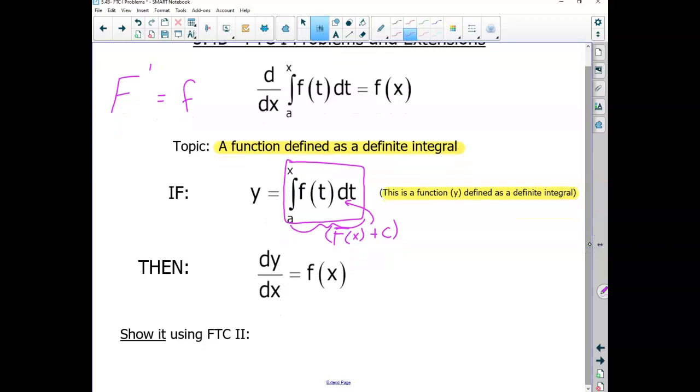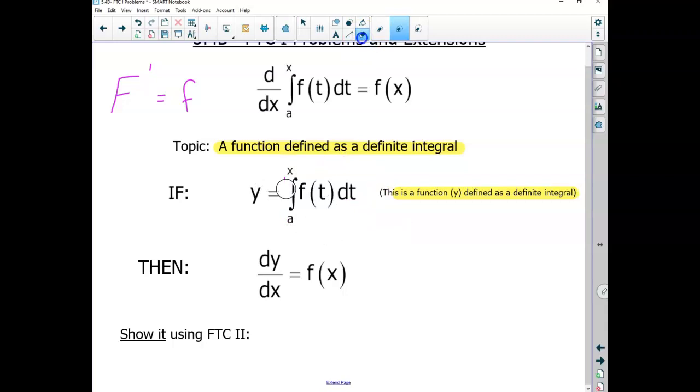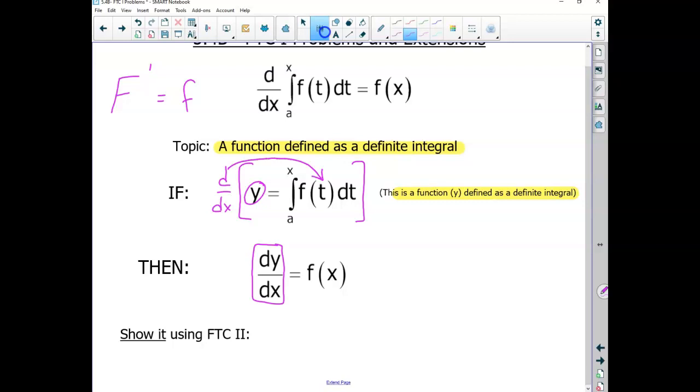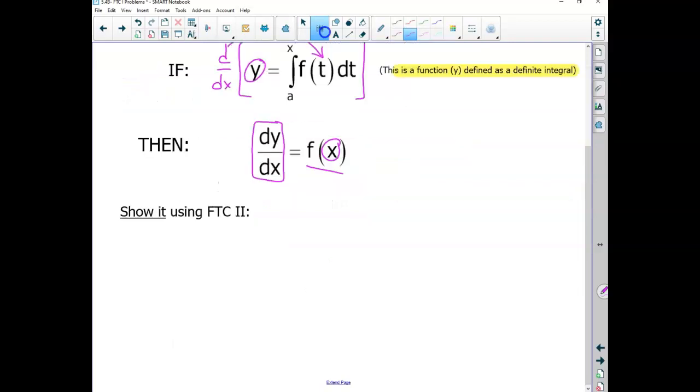If I take the derivative of that guy, the derivative of y is dy dx, and the derivative of the antiderivative is little f with x inside of it. I'm just going to show this really quick using the Fundamental Theorem Part 1.